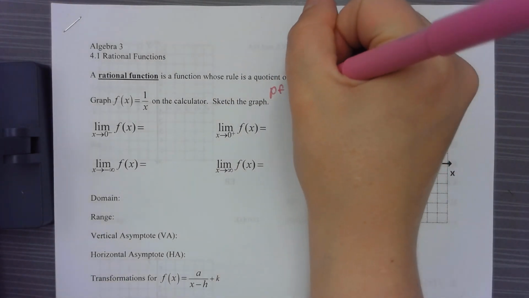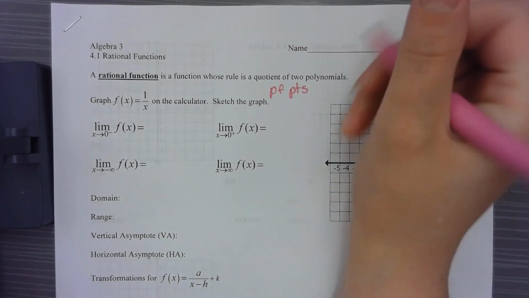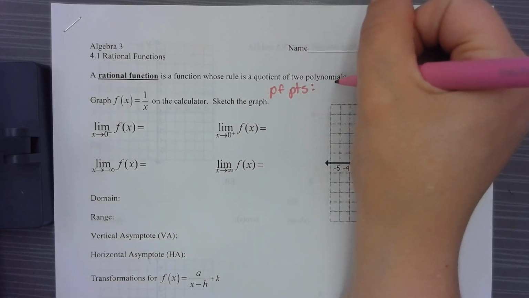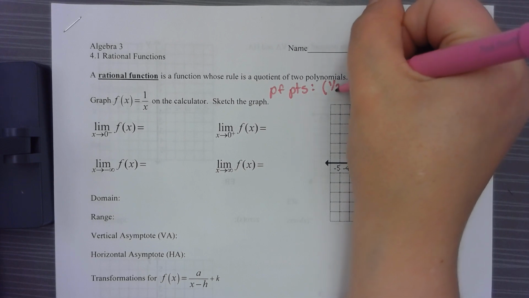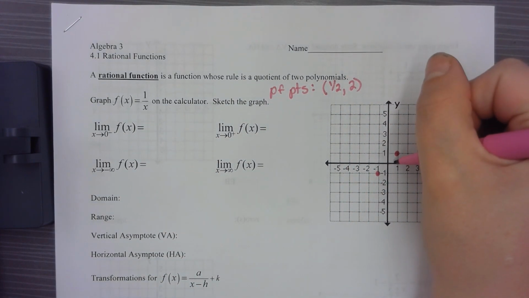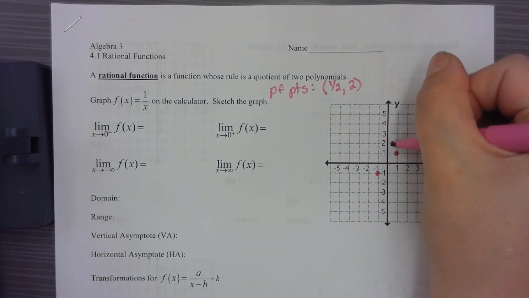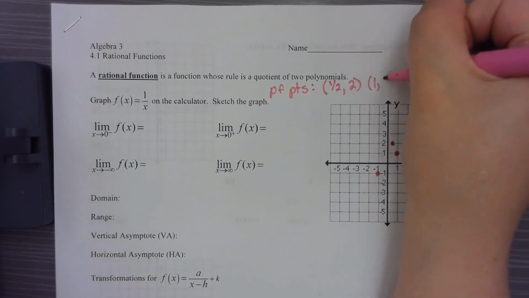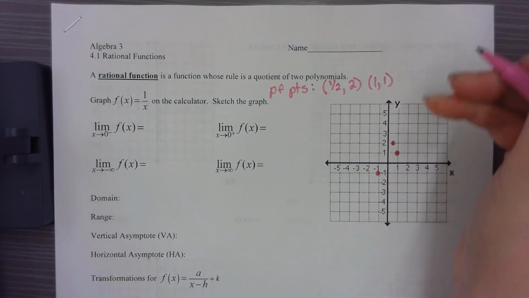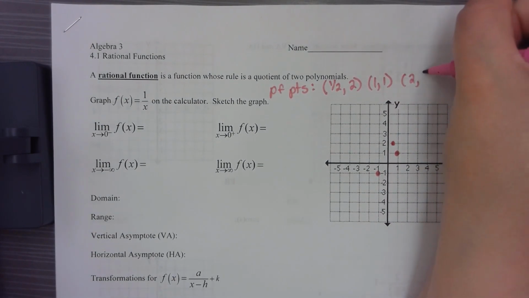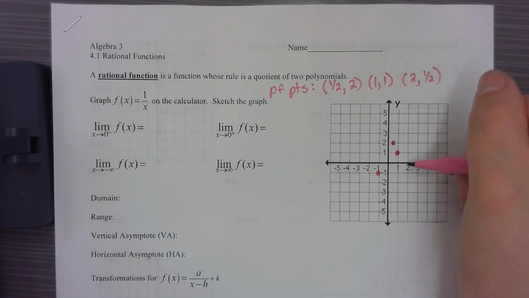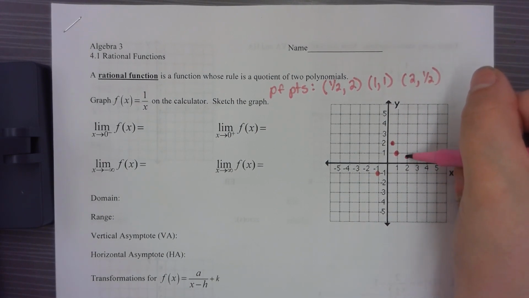So the parent function points for this type of graph are (1/2, 2), (1, 1), which we already plotted, and then (2, 1/2). So 2 and then 1/2 in the y direction.